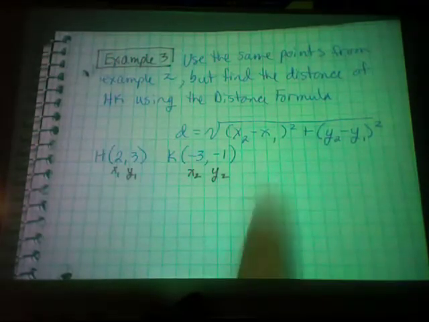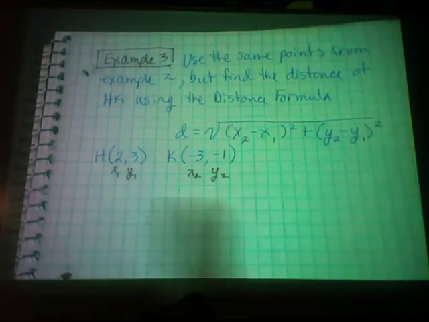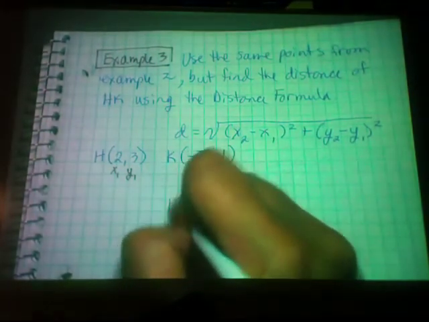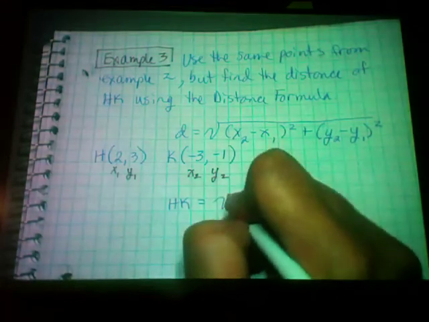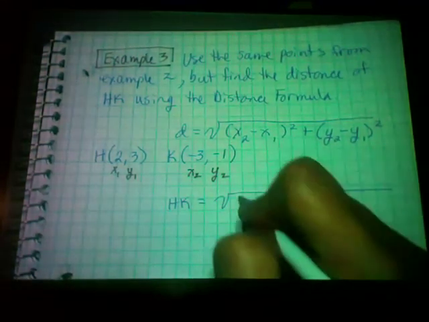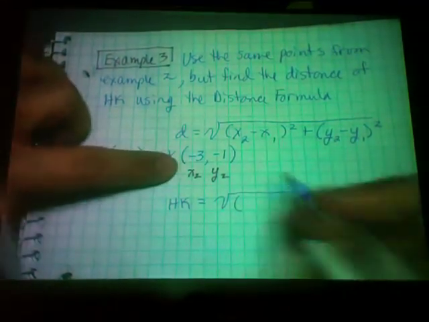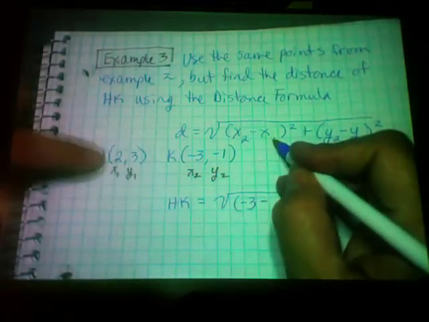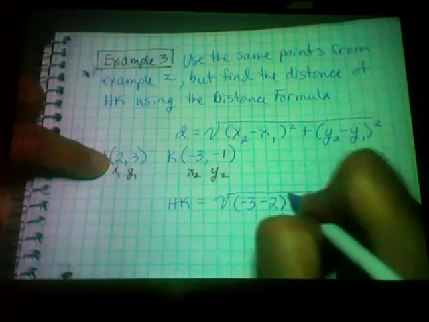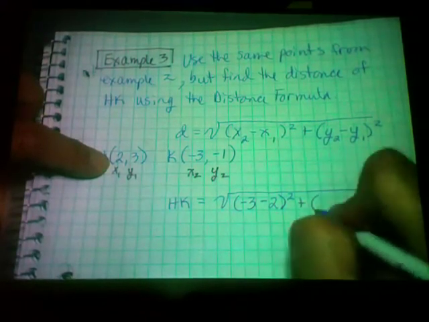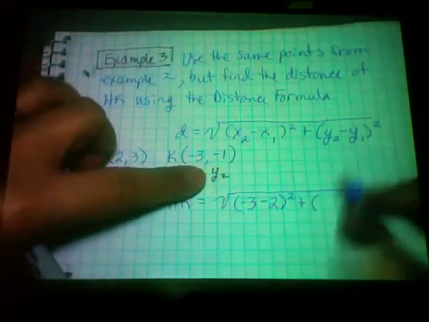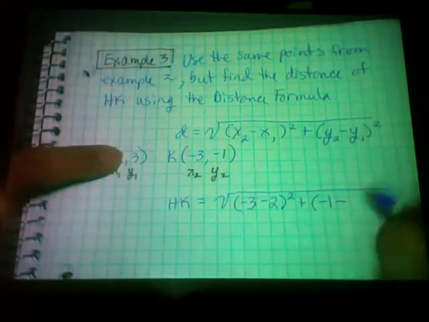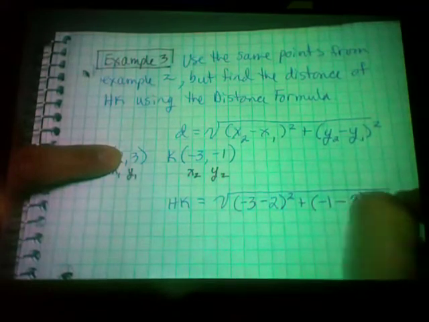So we're just going to plug in for each of these. We're going to replace those with them and then do the math. So here we go. HK is equal to the square root of, and then we're saying x sub 2 is -3 minus x sub 1 is 2, parentheses squared, plus, and then replace y sub 2, which we said was -1, minus y sub 1 is 3, squared.